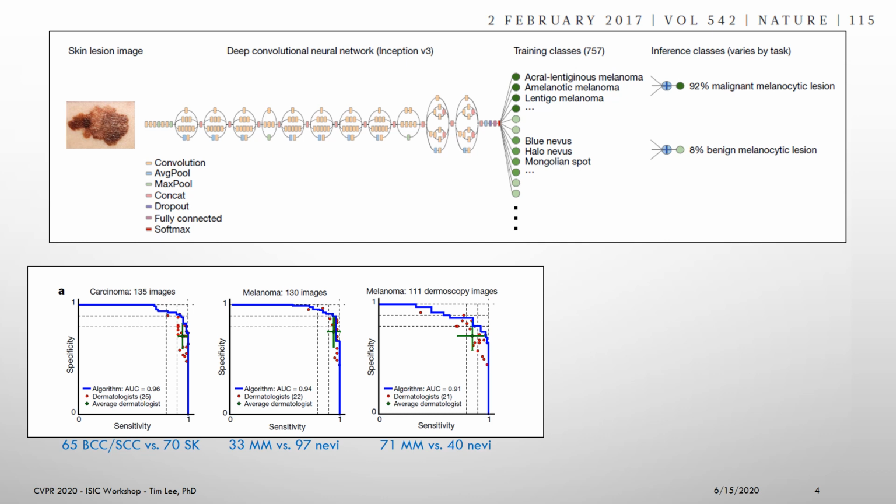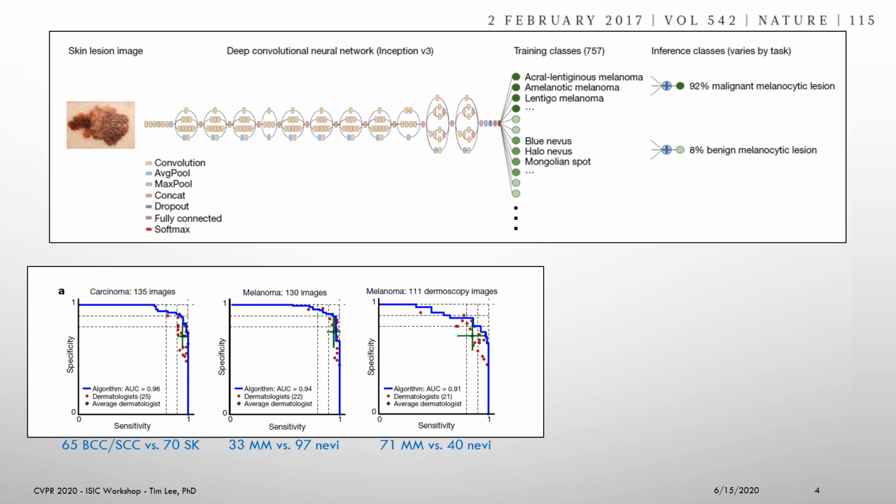The CNN result is shown using a ROC curve which is above most of the red dots and the green point. And the area under the curve is 0.96. It means that the CNN outperforms most of the dermatologists and their average.